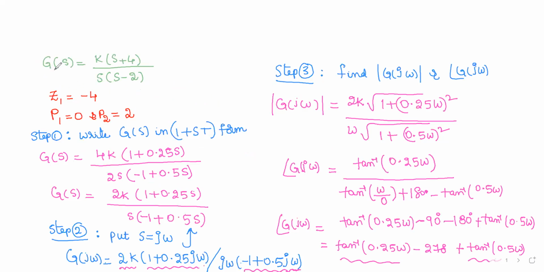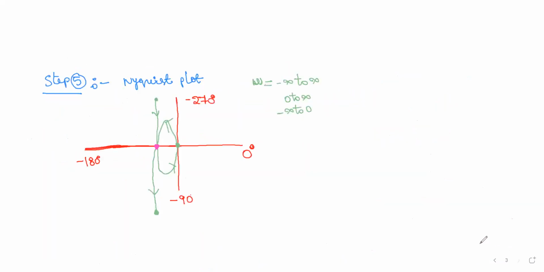And from the given G of S, we know one pole exists at the origin because it is a type 1 system, meaning it is S power 1. So we need to draw from the end point to the starting point a line like this, because it is a type 1 system, S power 1.